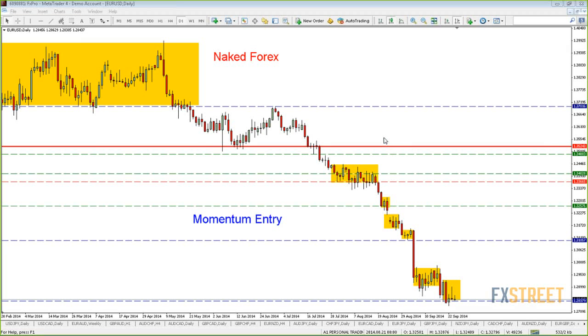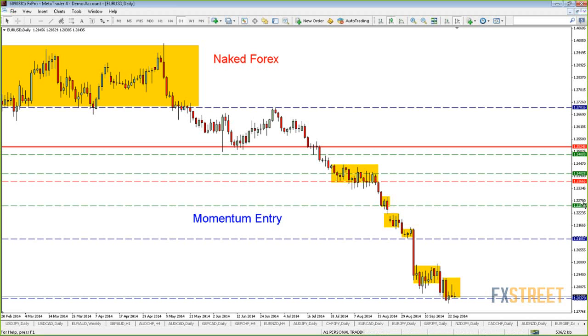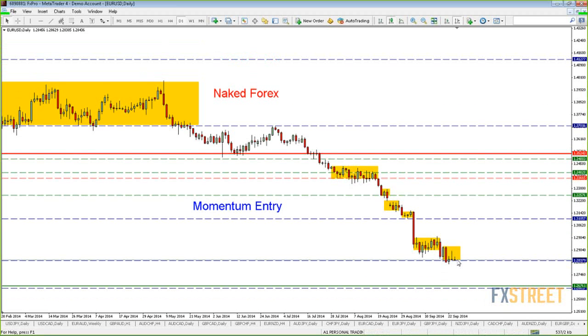So on this, we can go back in hindsight and say, well, that would have been a good one, and that one would have been a good one, and this one would have been a good one, and so forth. But let's talk about what a good one would look like right now. If we were to get a big red candle that would fall below and close well below this support level at 1.2837, the stop loss I would put above these 2 candles here.